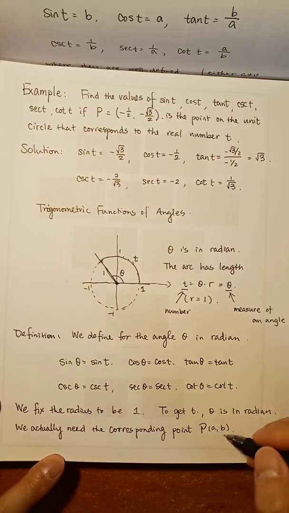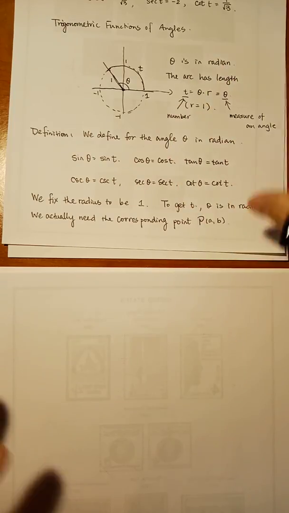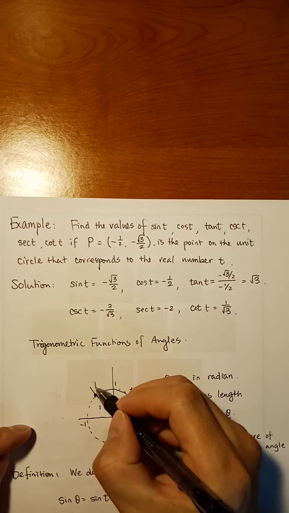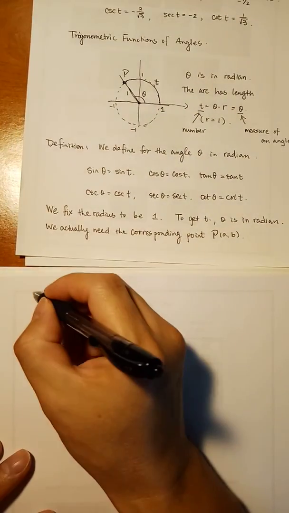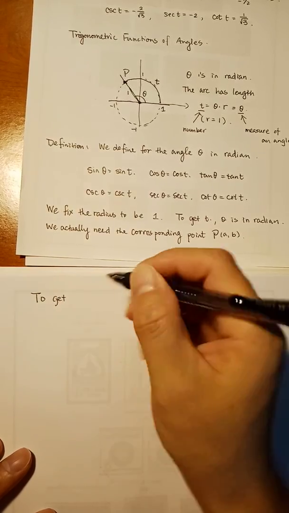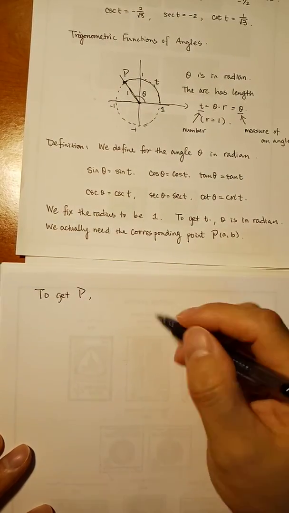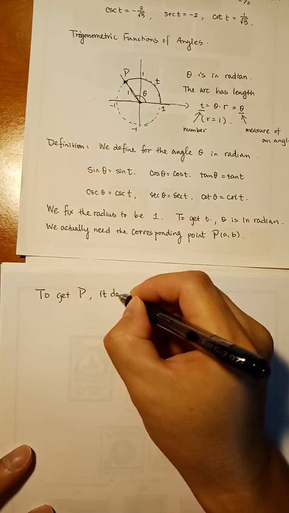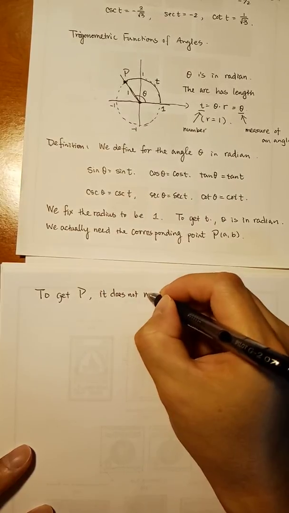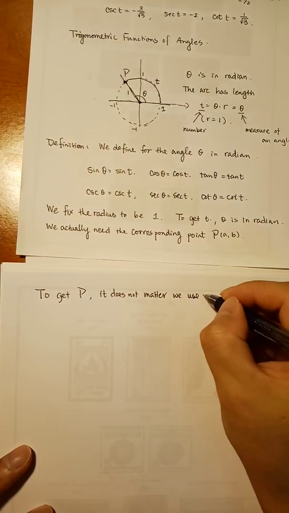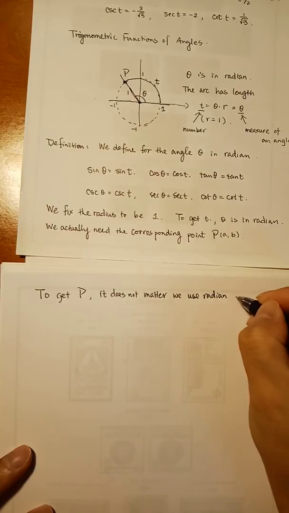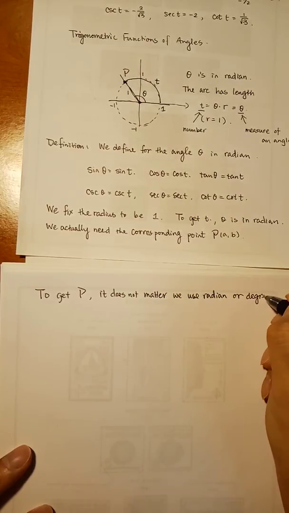But to get this P, you see, P is here. This is the point P. To get the point P, it doesn't matter whether we use radians or degrees.